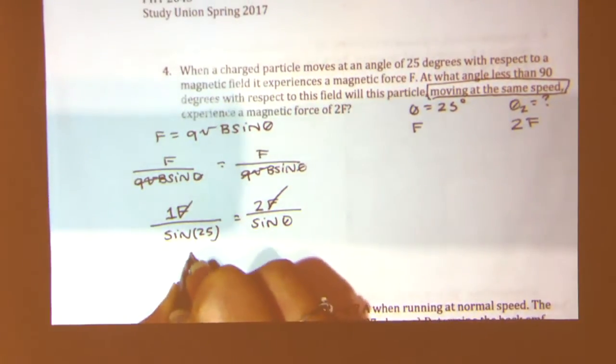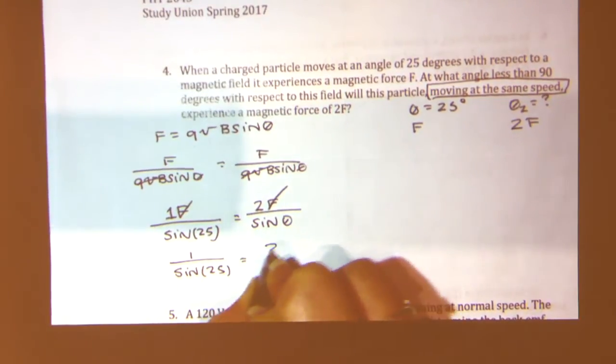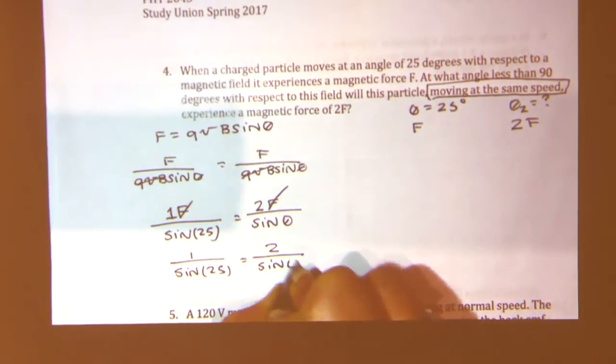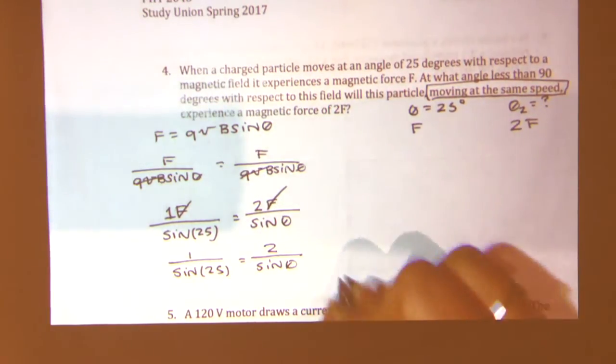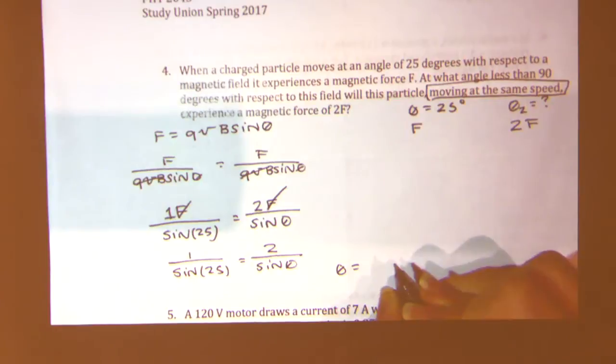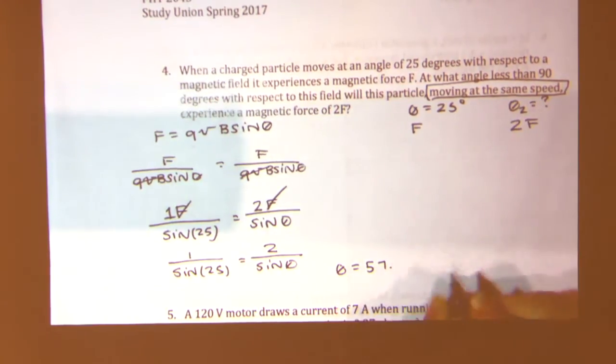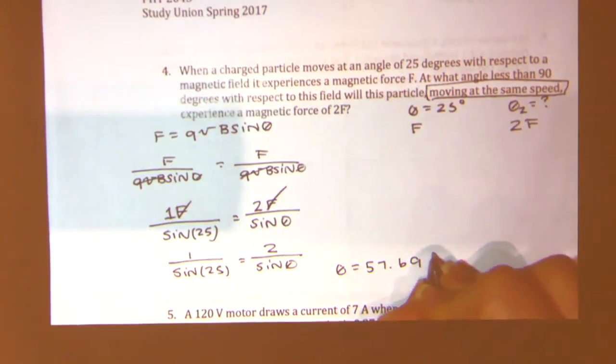Okay, so we end up getting 1 over sine 25 is equal to 2 over sine theta. And now we can just solve for theta. When I calculated this out, theta is equal to 57.69 degrees.